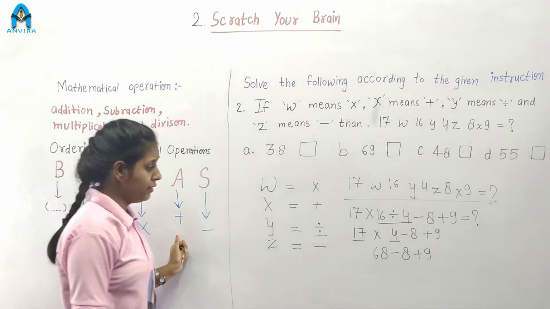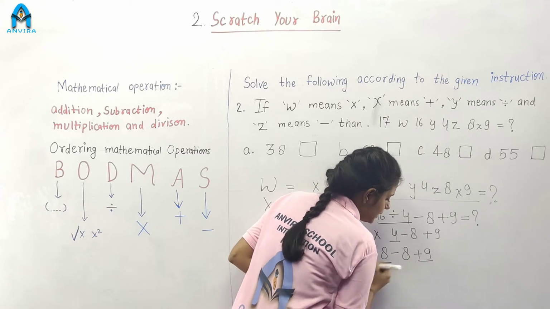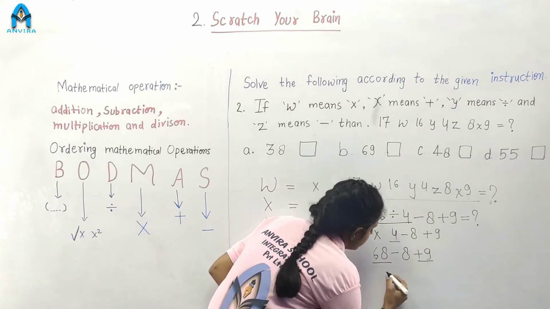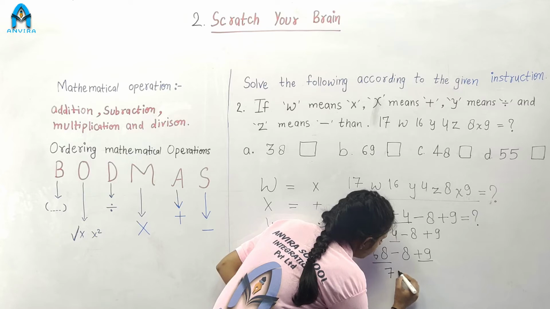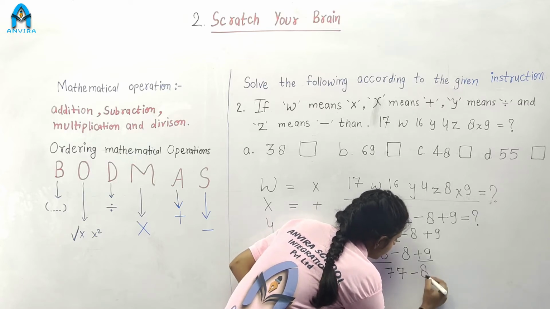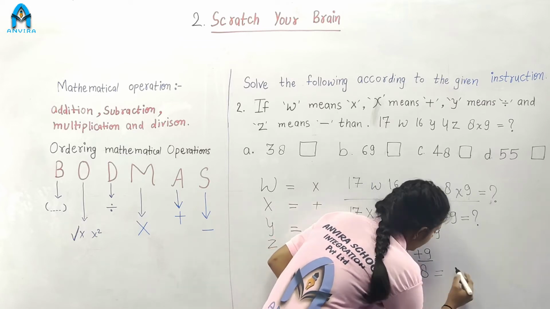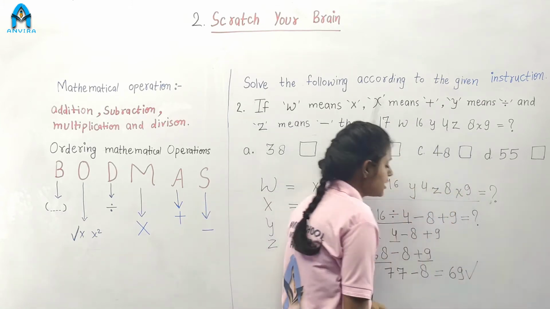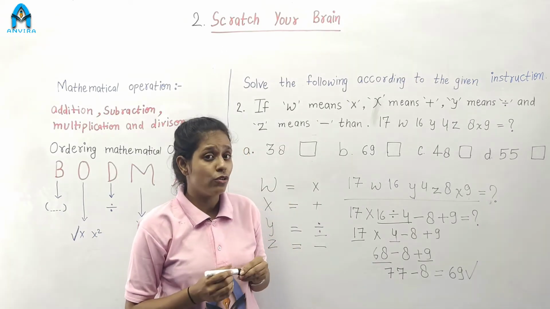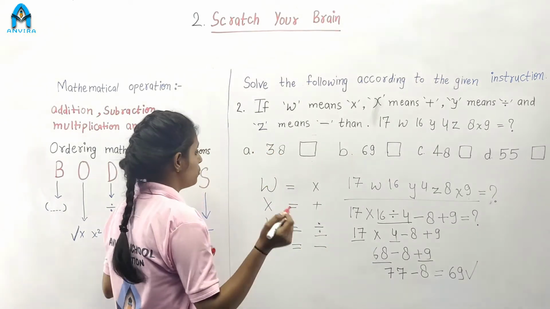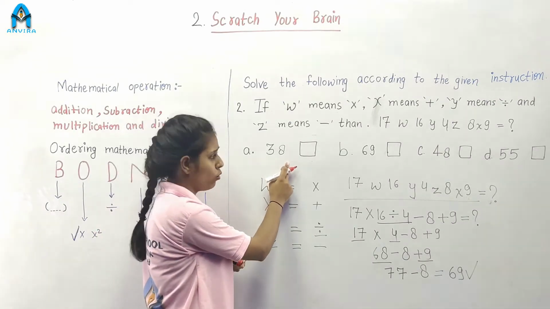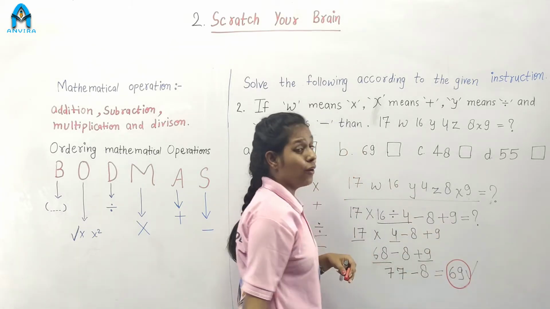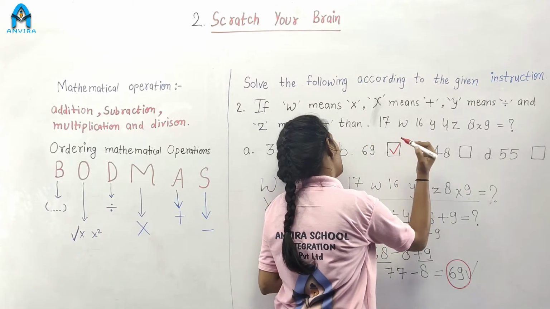Then option? Option A, 38? No. Option B, 69. Yes. Our correct option is option B.